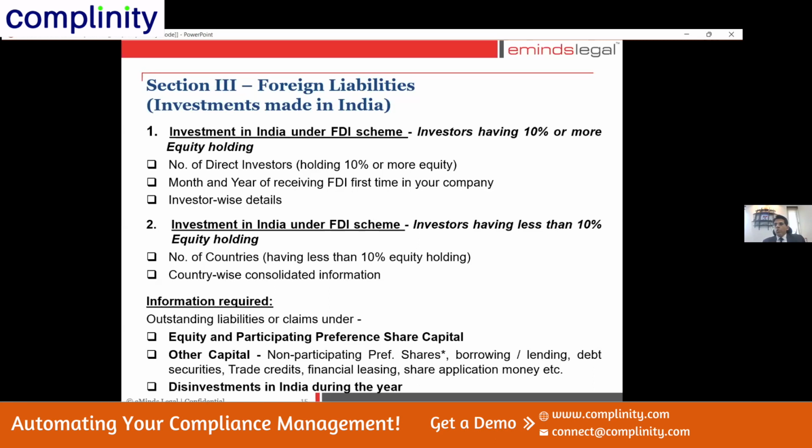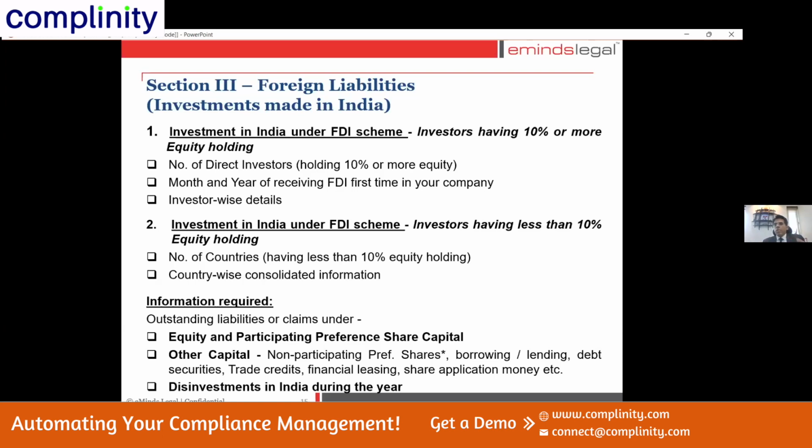It's not only about how many countries you have share capital with. You have investors, but you also need to consider if you have any other liability to a related party, that also has to be mentioned in the number of countries. First you need to consider that and then put in that information.